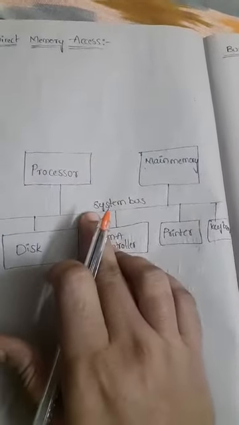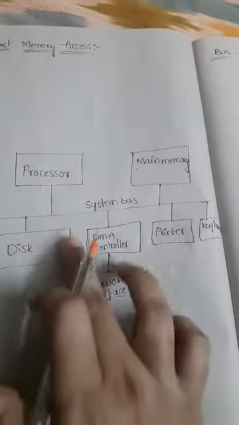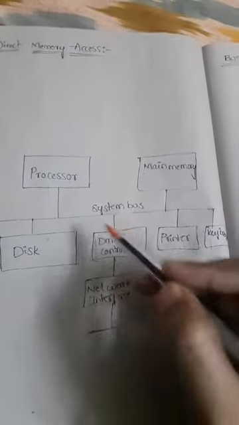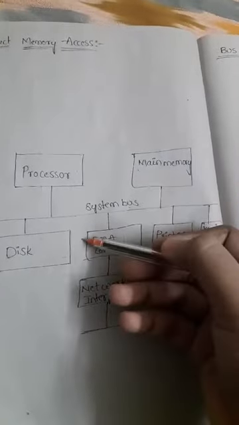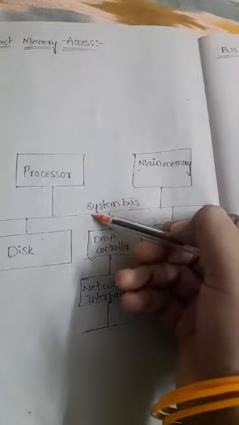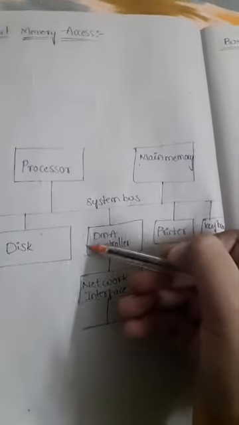Here we have taken the system bus, which is responsible for establishing the communication between the components of our computer. That means it establishes the communication between the internal components of our computer.